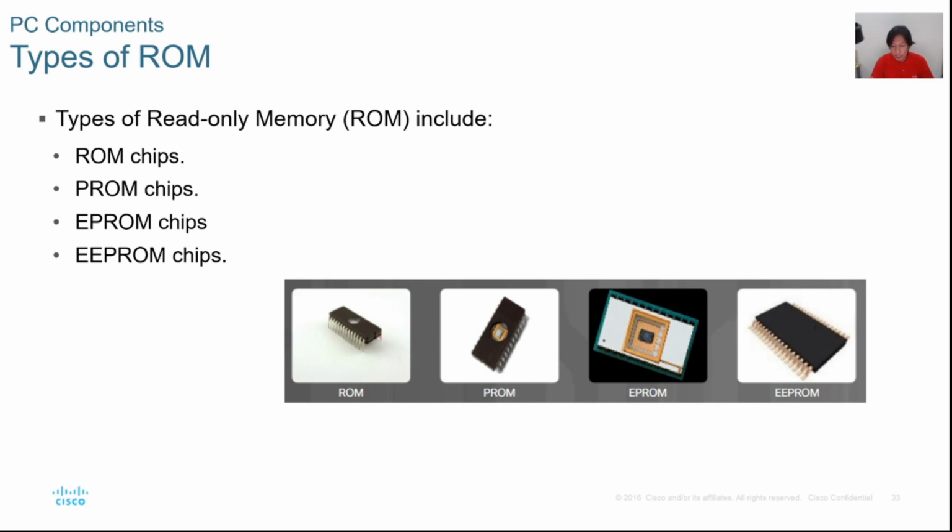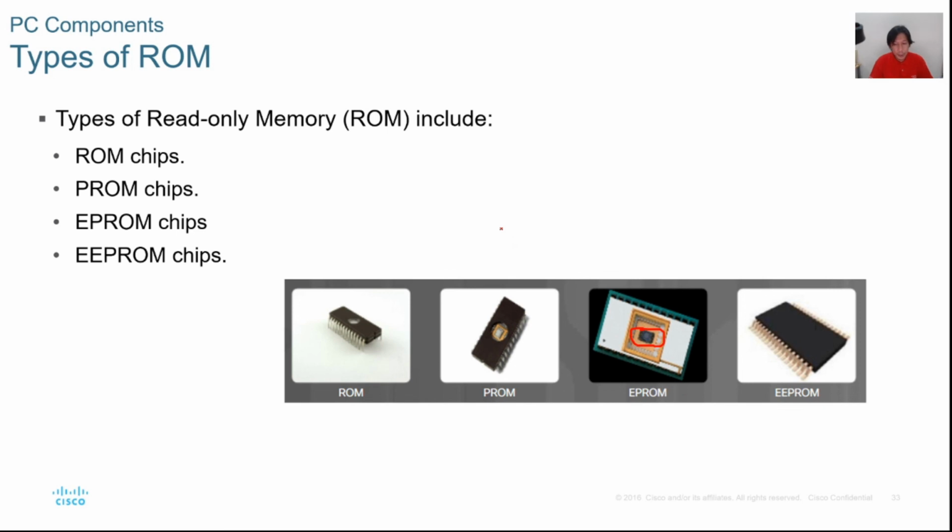Then the EPROM, or the erasable one. The reason it's called erasable is that it can be rewritten again, provided that you first erase the program inside and then reprogram the chip. How do you do that? If you see this tiny window here, you just need to expose it to ultraviolet light.